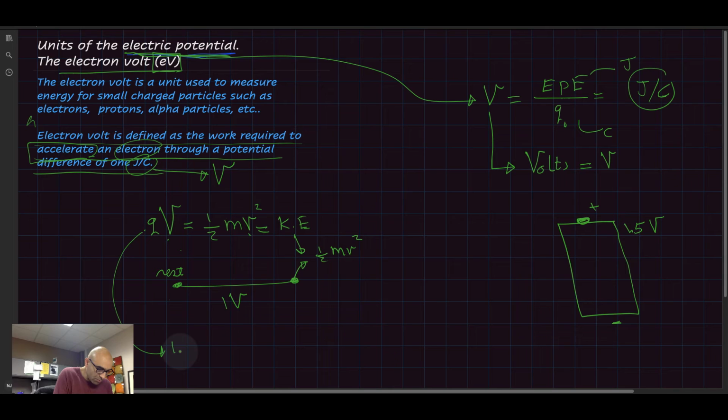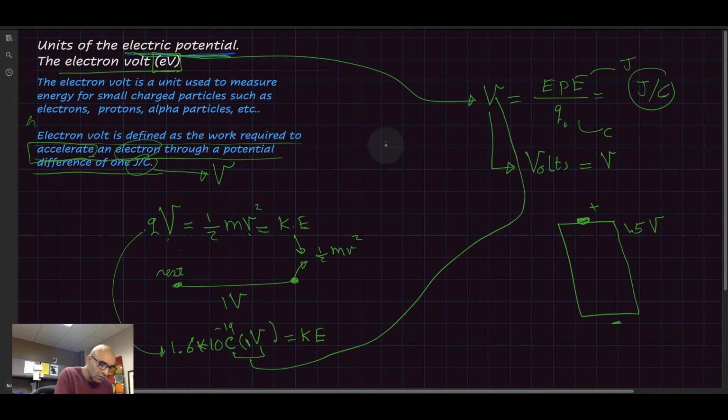The charge is 1.6 times 10 to the minus 19 coulomb, and the voltage is 1 volt, so coulomb times volt. And that should be equal to the kinetic energy. Kinetic energy is energy. Coulomb times 1 volt is energy. Take it all the way here: a volt is a joule per coulomb.